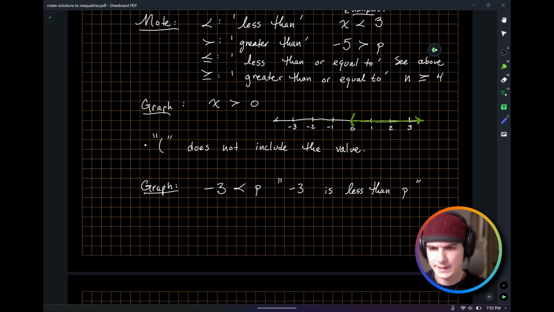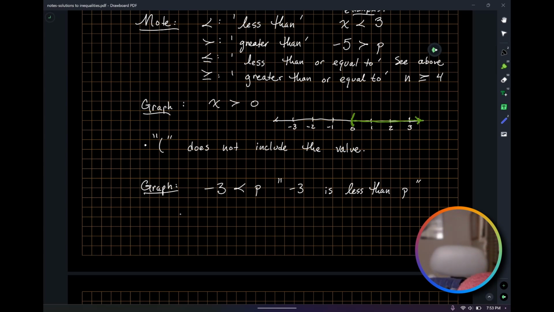One might think, is this numbers that are less than -3 or greater than -3? But -3 needs to be less than the value p. So here's the question: is 0 a solution? Yes, because -3 is less than 0.